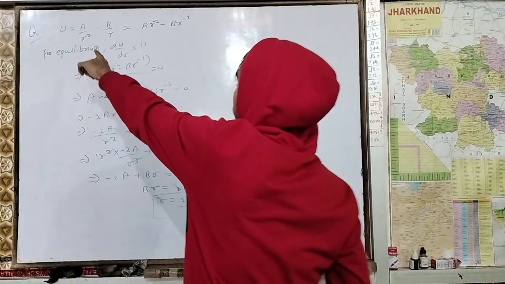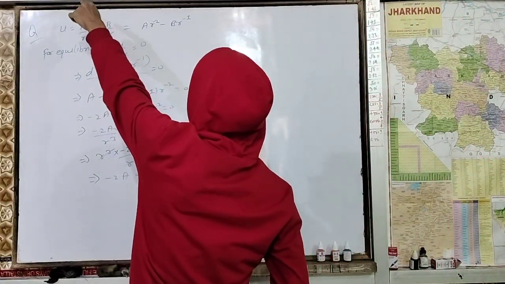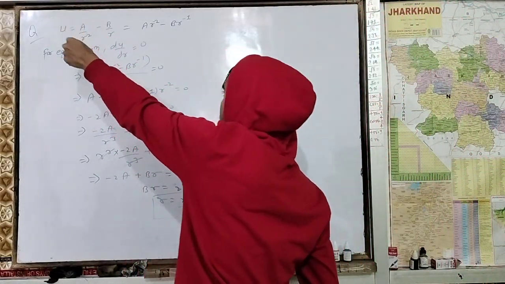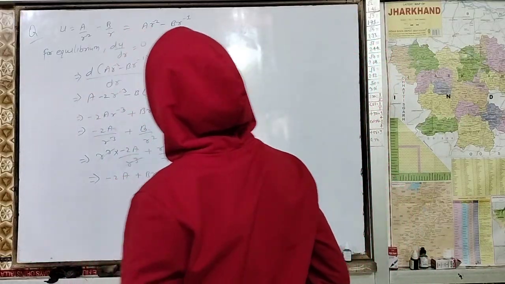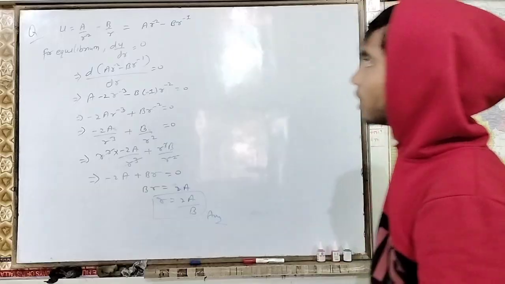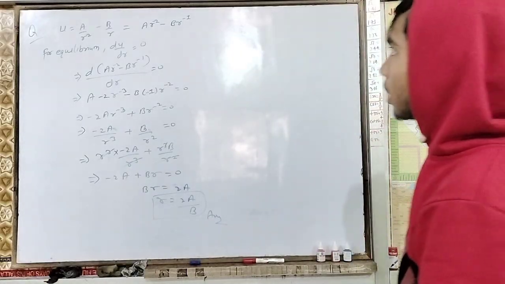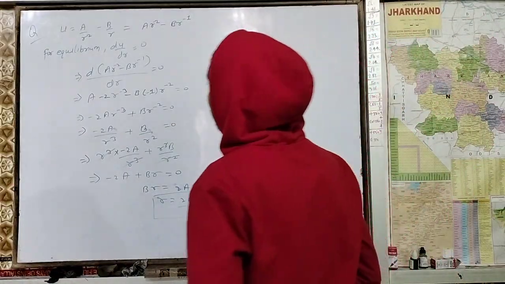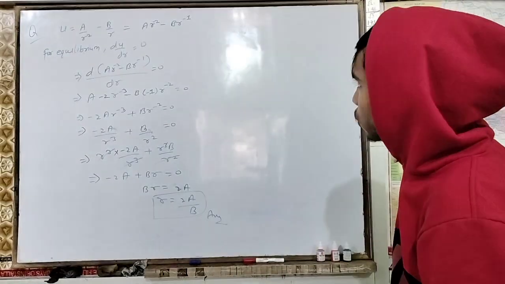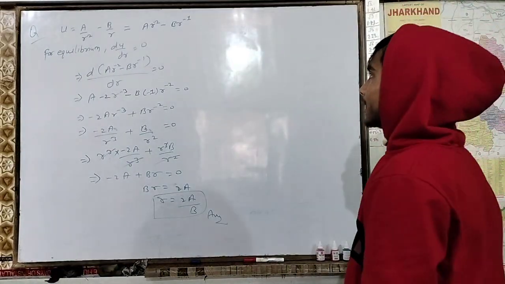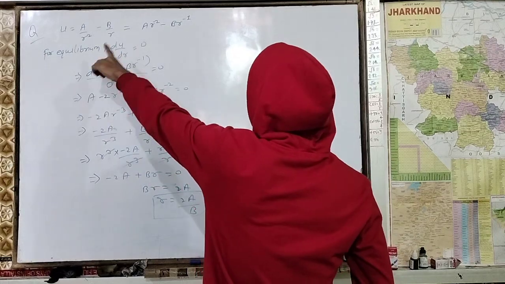We know that when a power goes upward from the denominator to the numerator, it becomes negative. If it is already negative, it becomes positive. For equilibrium, for neutral, we know the differentiation of dU upon dR will be 0. We just substituted the value of U over here.